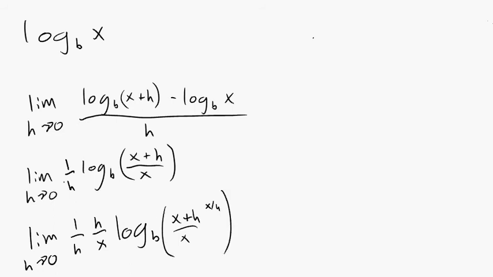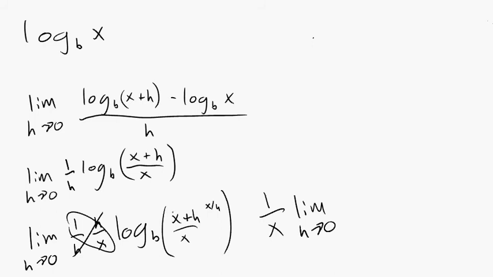So what we'll do next is these two h's cancel out. So we just have 1 over x here. And once again, just like a to the x, 1 over x, the limit's with respect to h, so we can just pull that out front. So now we have 1 over x times the limit as h approaches 0 of log of x plus h over x to the x over h.